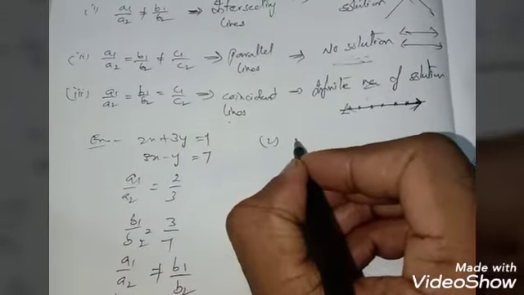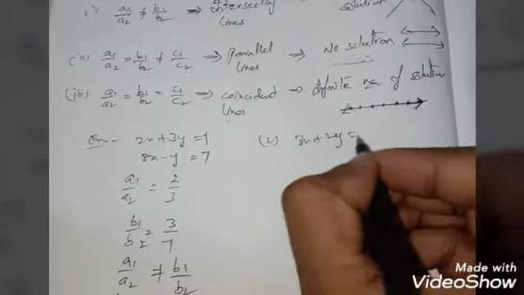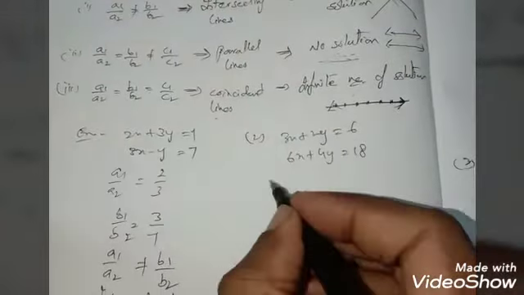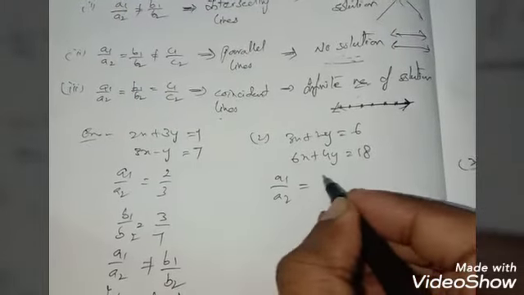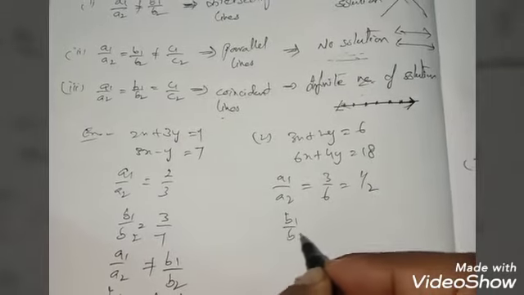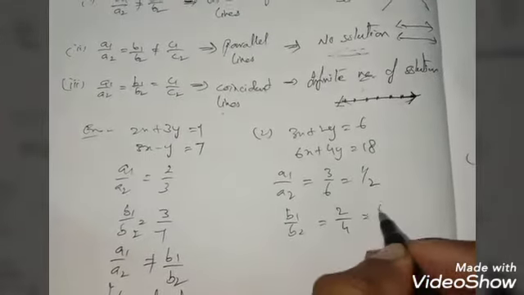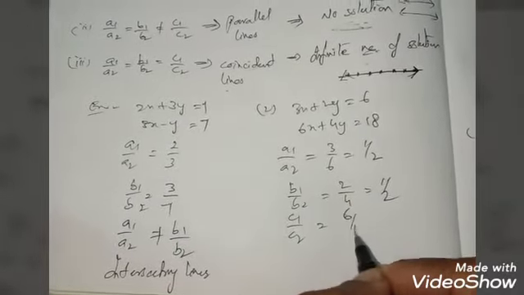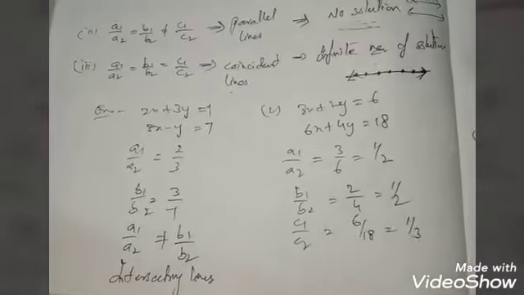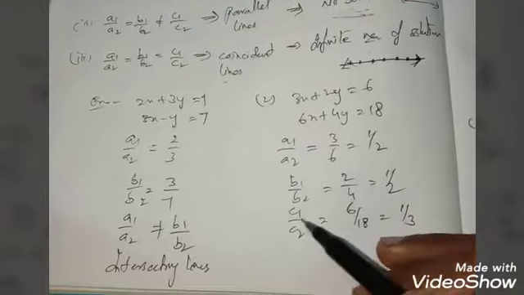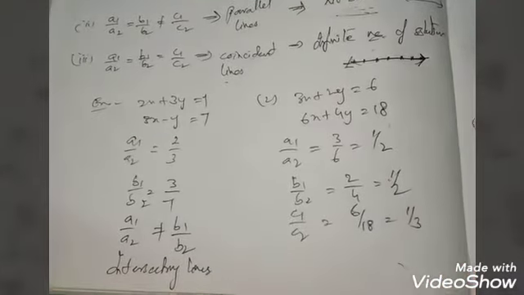Now if I take the second one, 3x + 2y = 6 and 6x + 4y = 18. As per the condition, a1/a2 is 3/6, which is 1/2. Next, b1/b2 is 2/4, which again cancels to 1/2. Next, c1/c2 is 6/18, that is 1/3. Here the ratio a1/a2 and the ratio b1/b2 are equal, whereas c1/c2 is not equal.